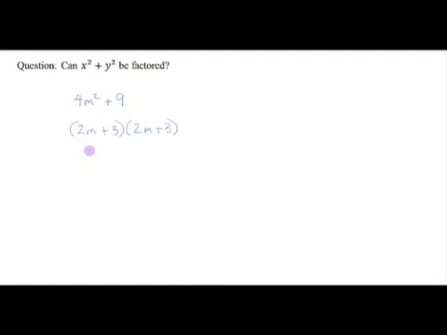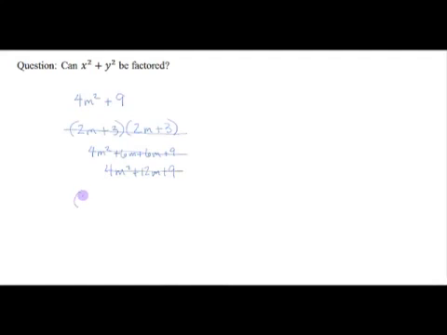But as I FOIL this out, I get 4m squared plus 6m plus 6m plus 9, and that gives me 4m squared plus 12m plus 9, which is not what we wanted to factor, so it definitely does not factor that way.